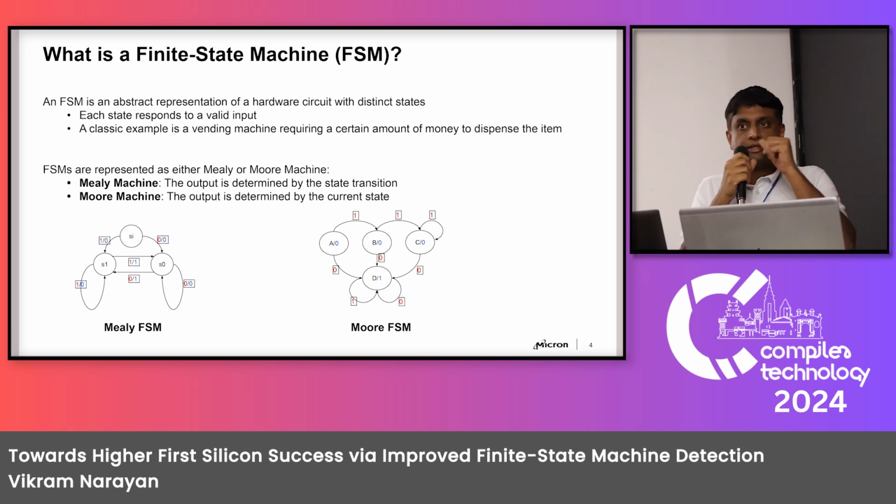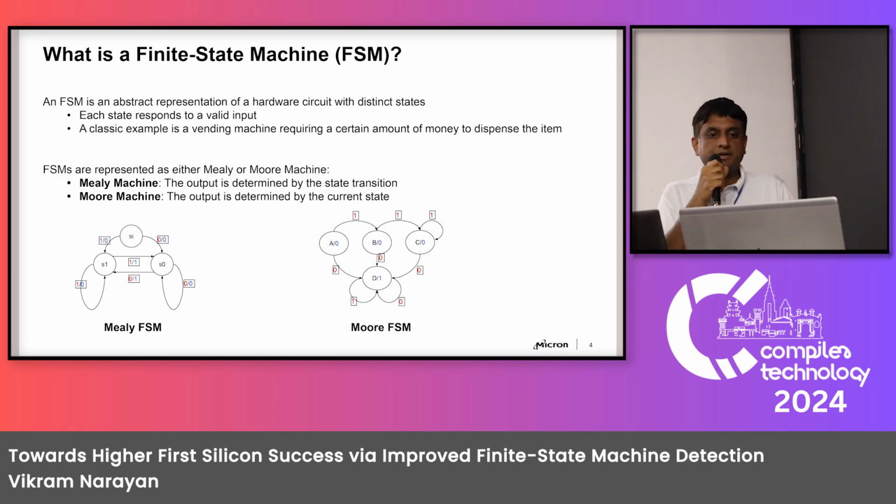Technically, there is a state, and when it receives an operation, it goes ahead and does something else. The advantage of FSM-based design for hardware is, first, that it's predictable. It has certain states, and each state has certain behavior and certain output.